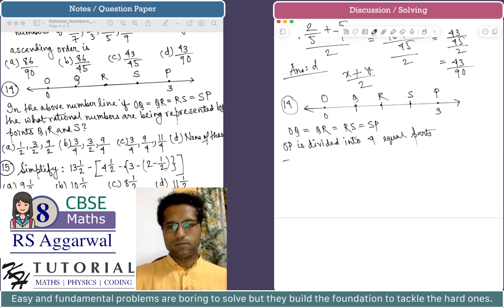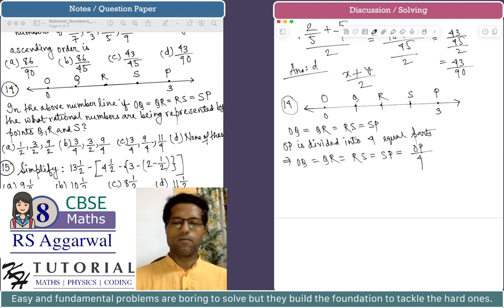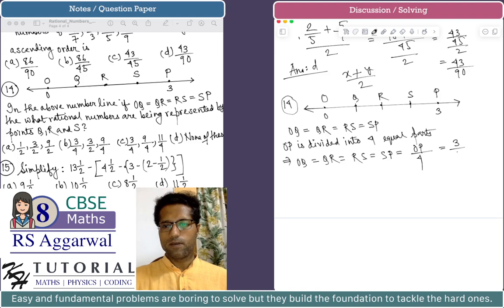This implies that OQ equals QR equals RS equals SP is equal to OP divided by 4, and OP is 3, so this is 3 by 4.